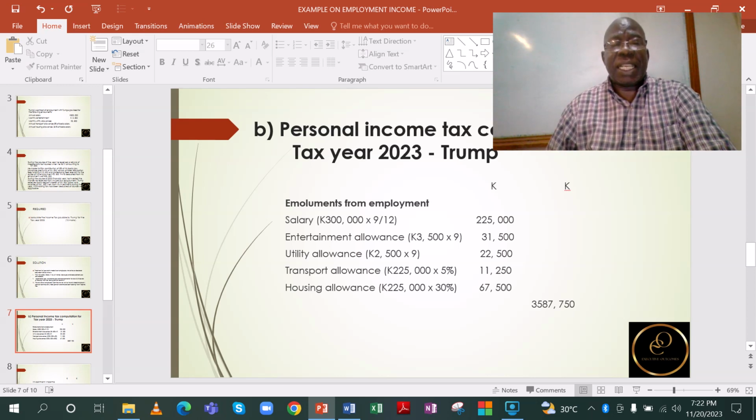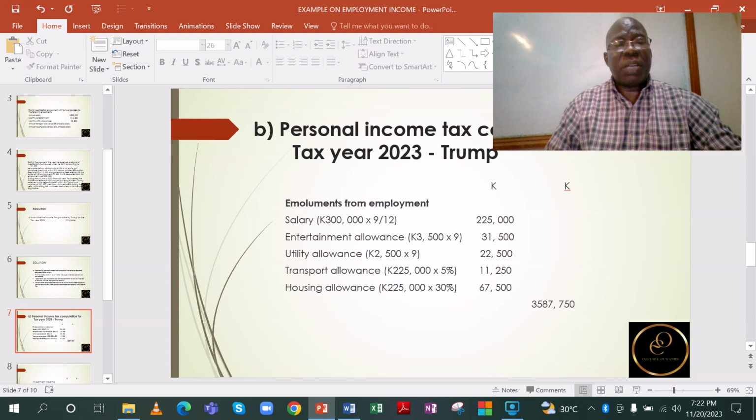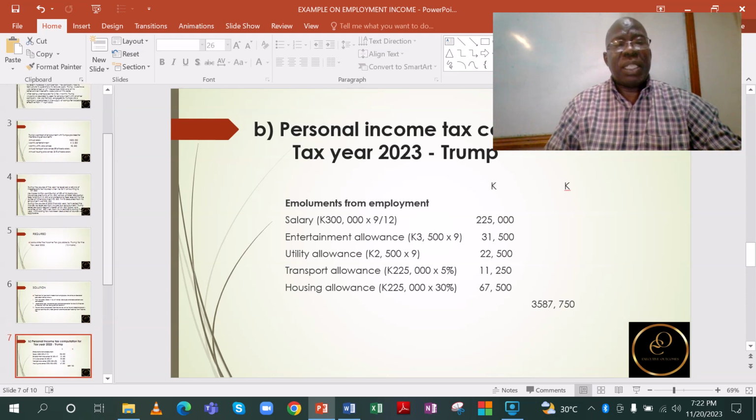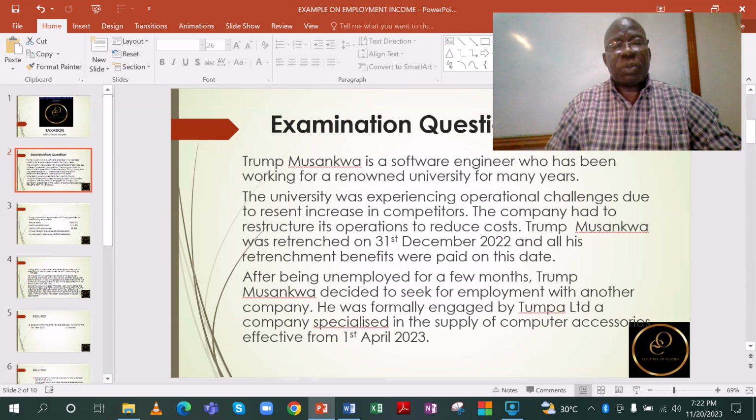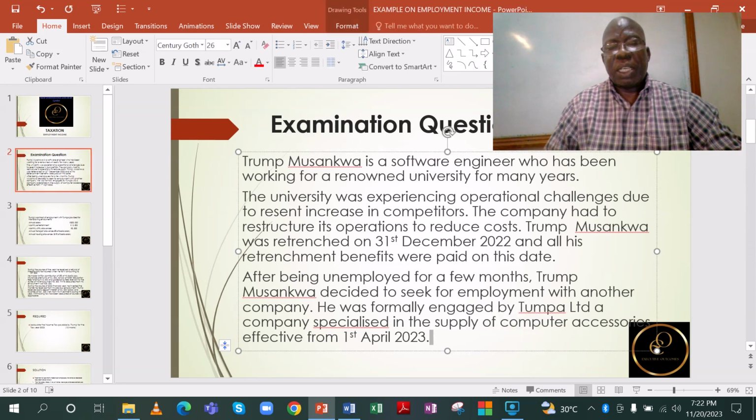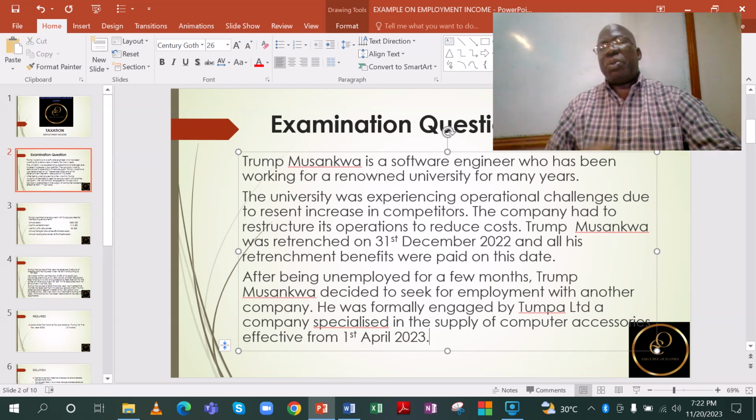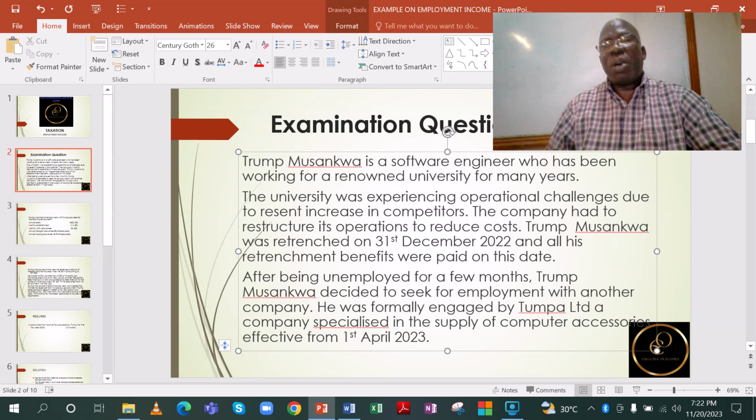In this case, we are reminded that Trump started work effective from 1st April. That should give you a hint of how you are going to work out the emoluments attributable to the income earned in this particular charge year 2023.